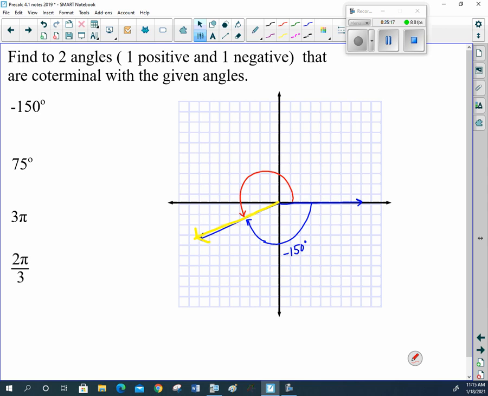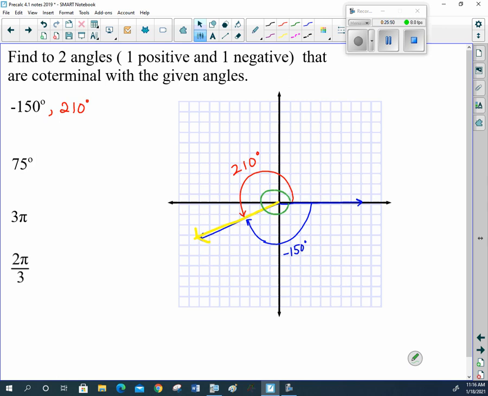Well, we know that all the way around a circle is 360, right? So if I went negative 150 in one direction, then I must have to go positive 210 in the other direction. So this must be a positive 210. Okay, and now I need to come up with another negative angle. Well, the only way to do that is you have to start right here on your positive x-axis. You're going to rotate all the way around.